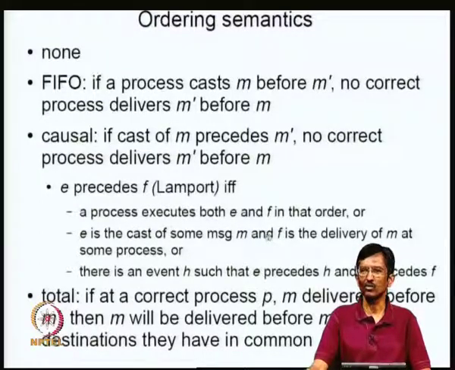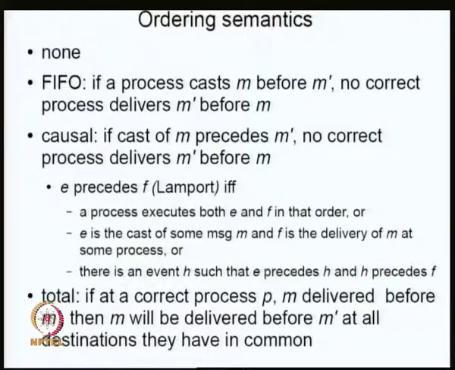Obvious reason why E has to be before F. Or there is a transitive closure, where we are saying that E is before H and H is before F, therefore you can say E is before F. So basically, if it is causal, in case the cast of M precedes M prime, then you want to make sure that no correct process delivers M prime before M.